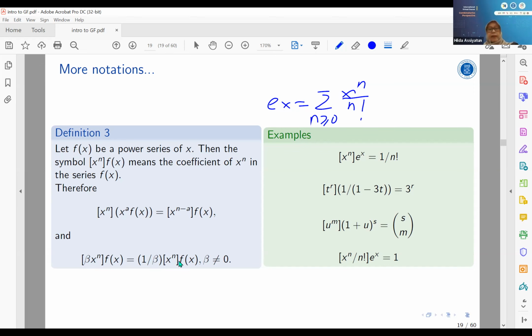There are more examples here, looking at the same series. If we ask for the coefficient of x^n over n factorial of e^x, the answer is 1.